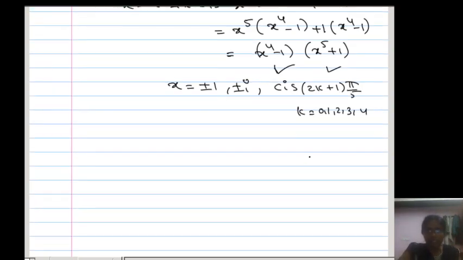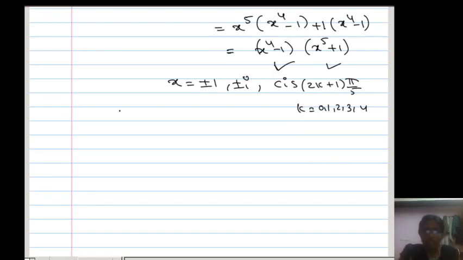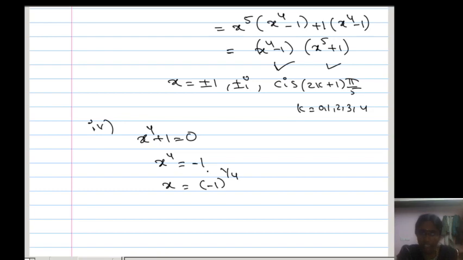So next, last one in this bit, x power 4 plus 1 is equal to 0. So x power 4 is equal to minus 1. Then x is equal to what? Minus 1 whole power 1 by 4. Now what are the solutions here? r naught is equal to 1 here. Theta naught is equal to what?